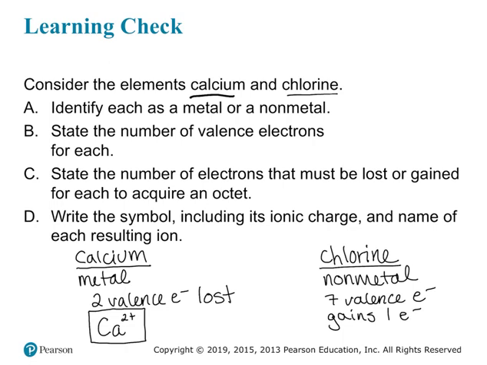Okay, so let's write the symbol for chlorine. So chlorine has 7 valence electrons to start when it's neutral, and it's going to gain 1 more electron to have an octet, or 8 electrons, in its valence shell, and it's going to be negatively charged. So that would be the symbol for a chlorine ion.